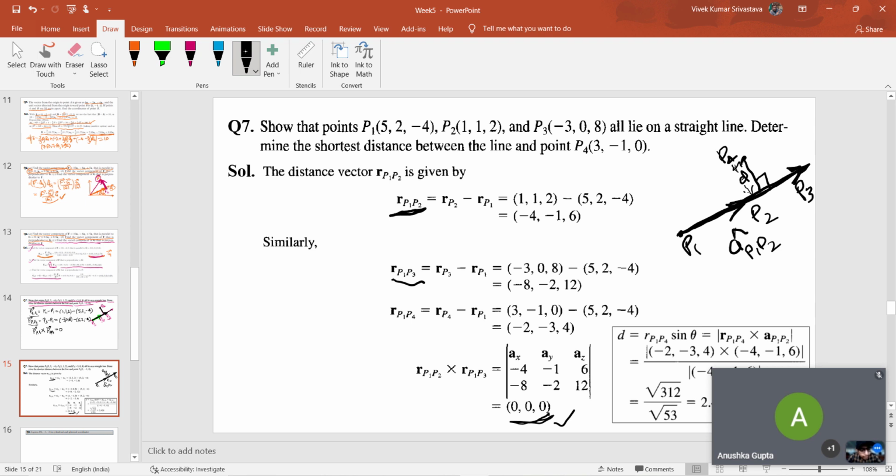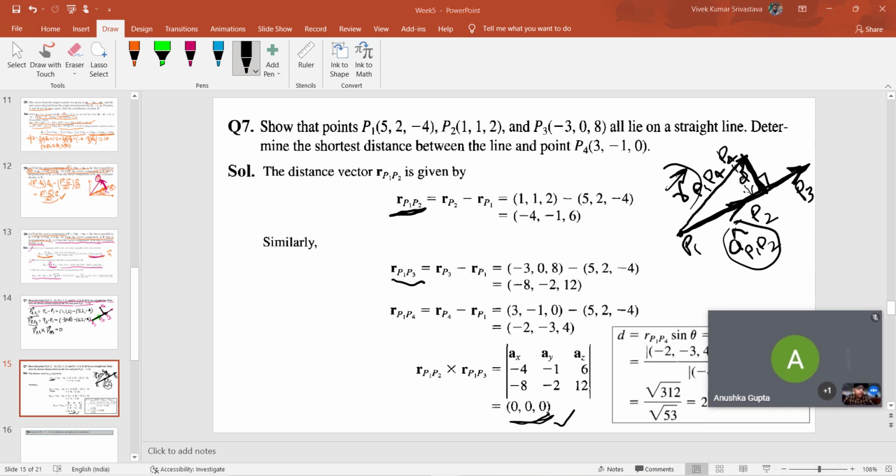And we will then find out the vector which represents p1 p4. Once we find out these two, we will take the cross product of these two so as to find out the shortest distance.